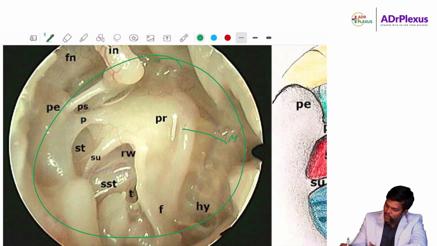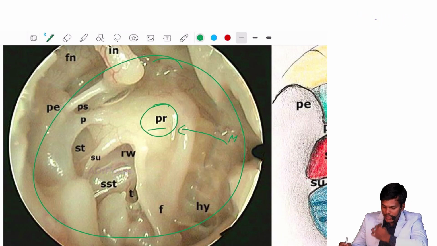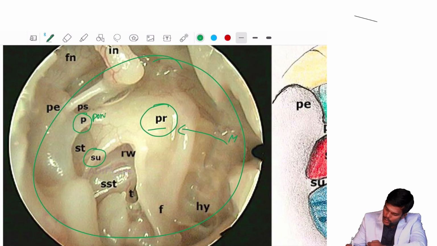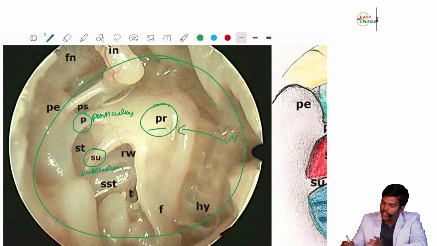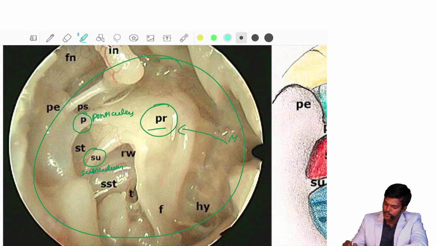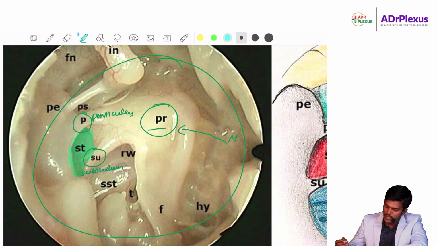Now entering into the medial wall, there is a prominent speed breaker called the promontory. Arising from the promontory, there are the ponticulus and subiculum. Between these two bony landmarks arises the sinus tympani. So the sinus tympani is over here.